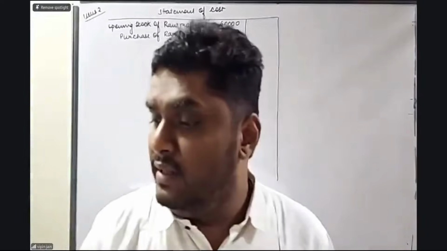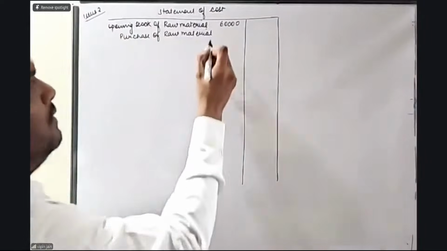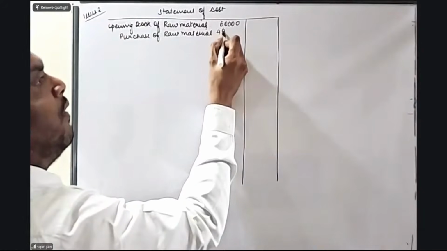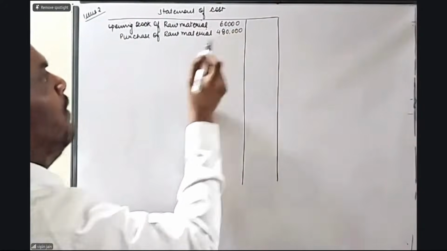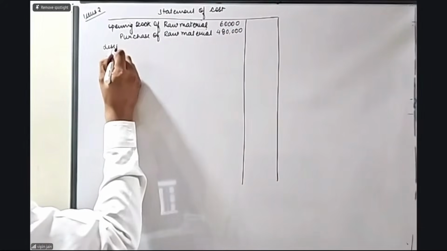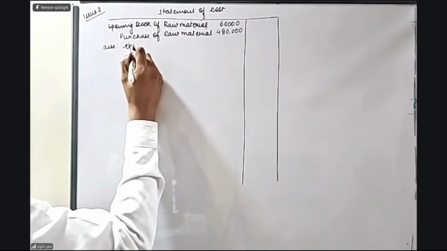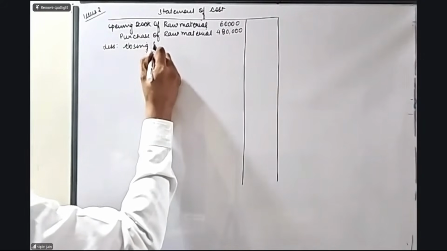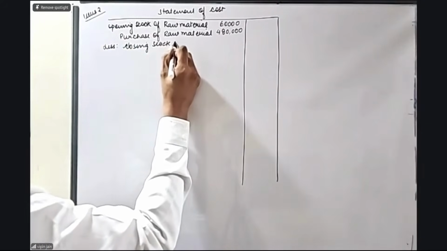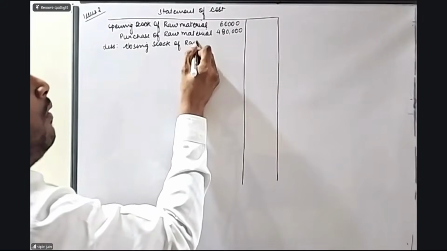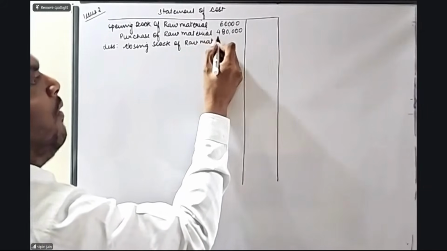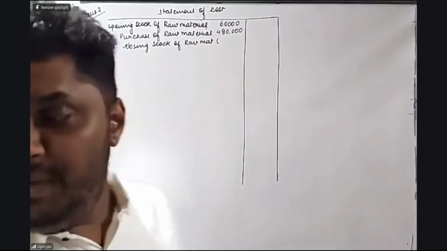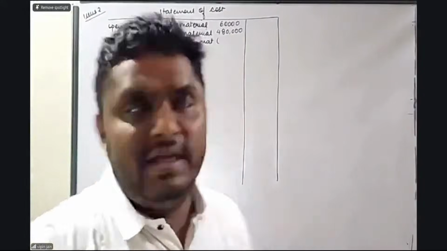Purchases of raw material, that is 4,80,000. We will subtract closing stock of raw material, that is 50,000.